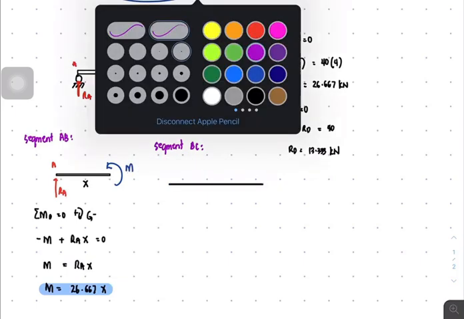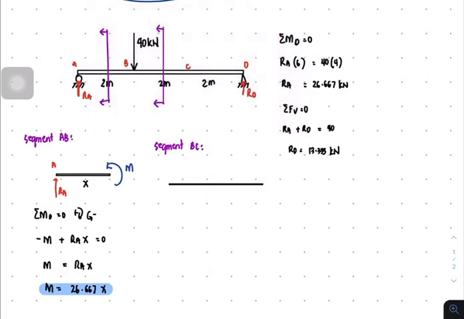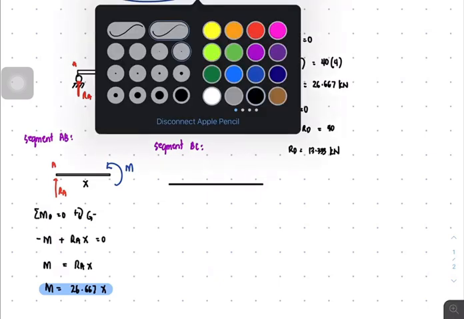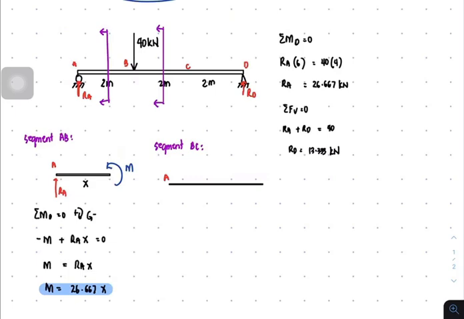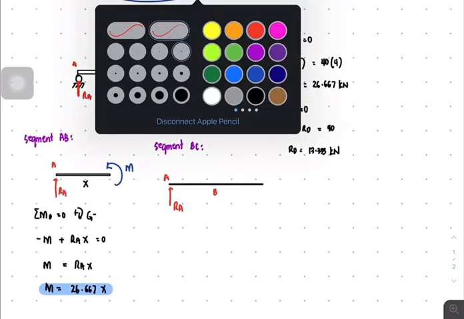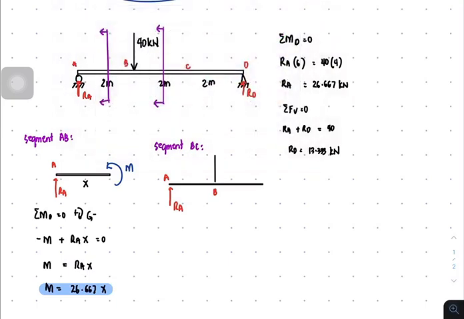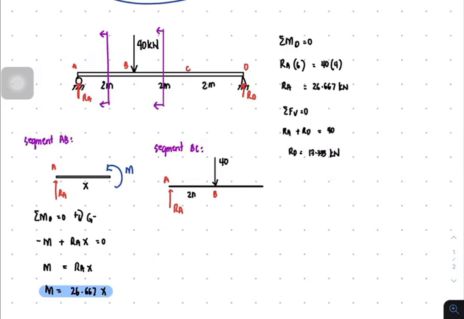Then of course, do not forget to place the letters, point A, and then this will be your RA. And then point B, so you have to place the 40 kilonewtons. Do not forget. And since we're through with segment AB, this time the distance between A to B is now 2 meters. And we move the function of X towards BC.